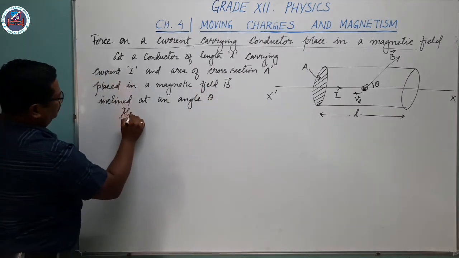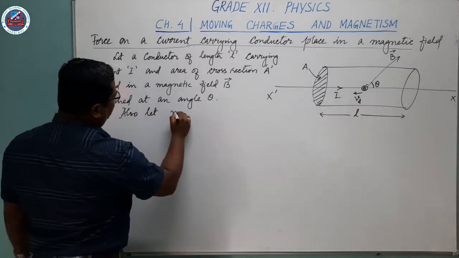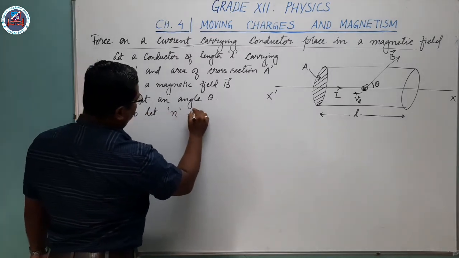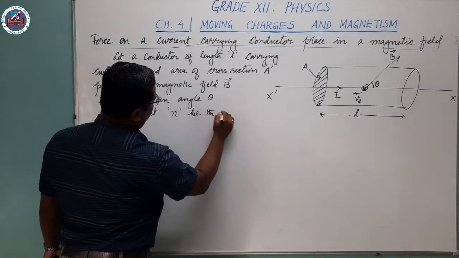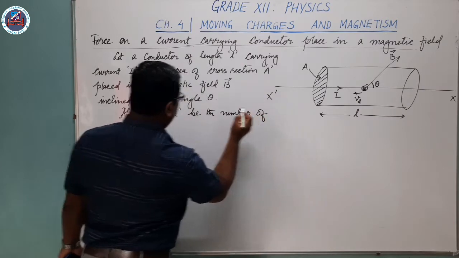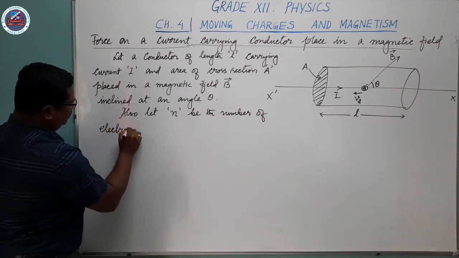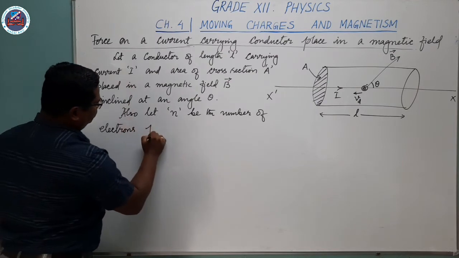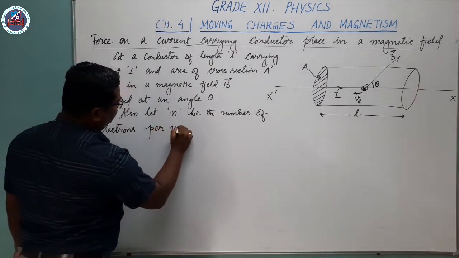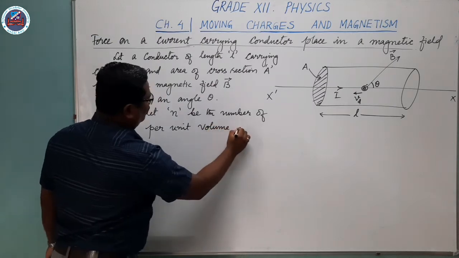Also, let n be the number of electrons per unit volume of the conductor.